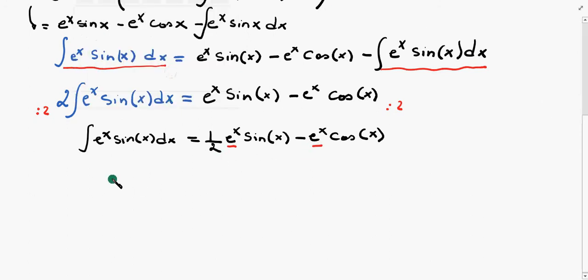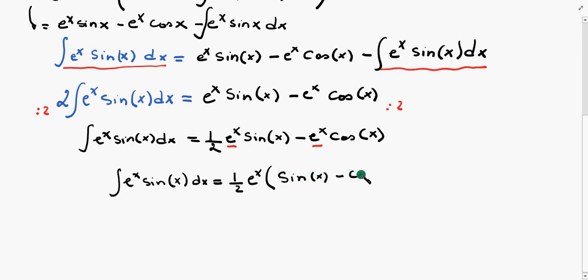So that's going to give us finally the integral of e^x sine x dx equals 1/2 e^x, with parenthesis as a factor, sine of x minus the cosine of x.